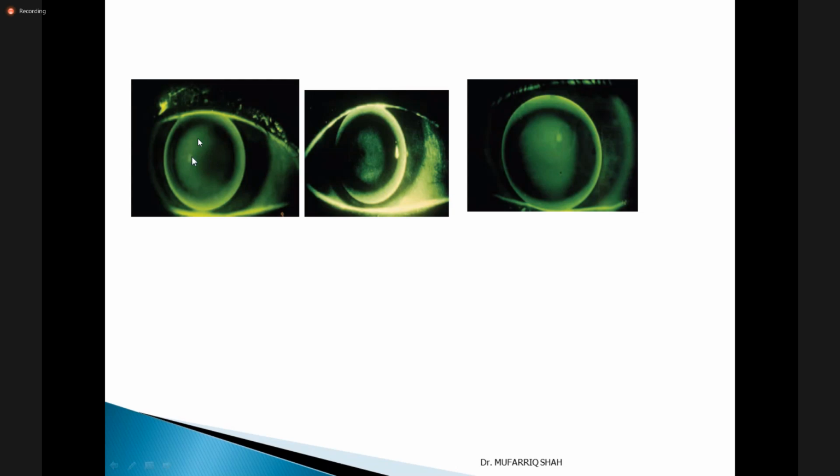Then what will you see here? What is this case on the left side? Is it a good fit or not? No, sir. How? Periphery is more. There is more pooling on the periphery.